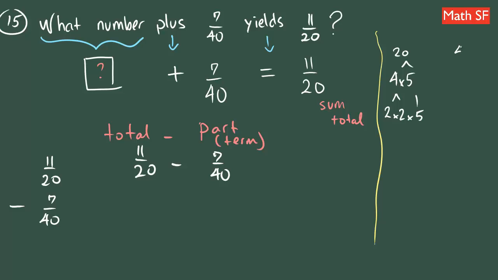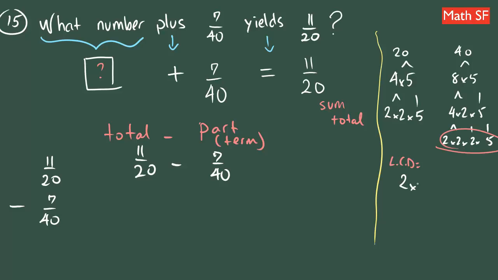Same idea with the 40. That will be 8 times 5, and this part here will be 4 times 2. Bring the 5 down, and this could be 2 times 2, 2, and the 5. So my LCD or LCM in this case will be, well, pick one of them. Let's pick this full list here, which will be 2 times 2 times 2 times 5.